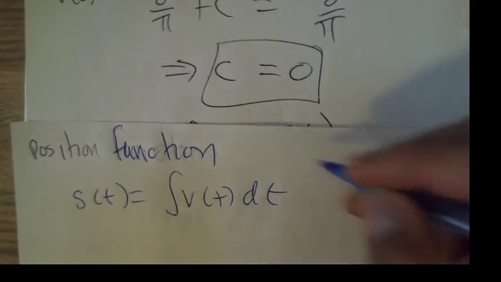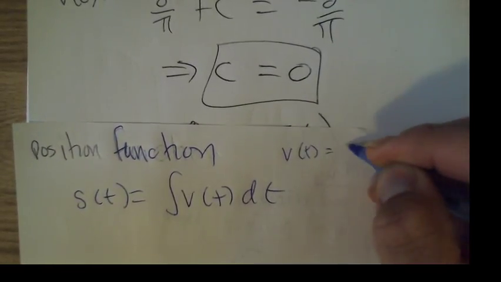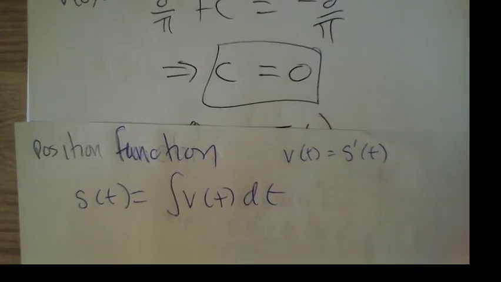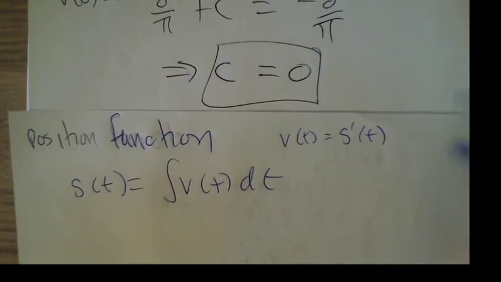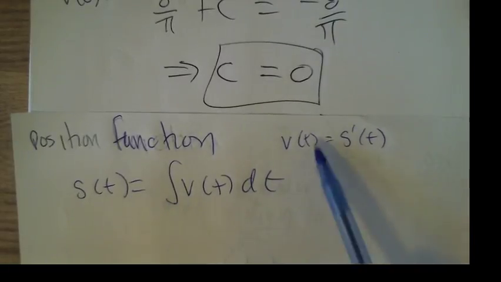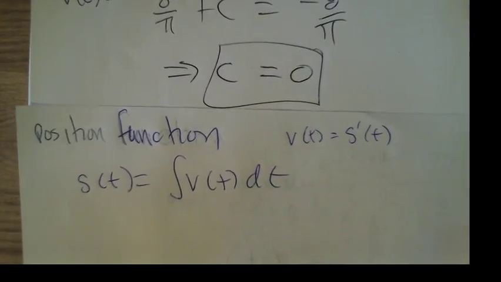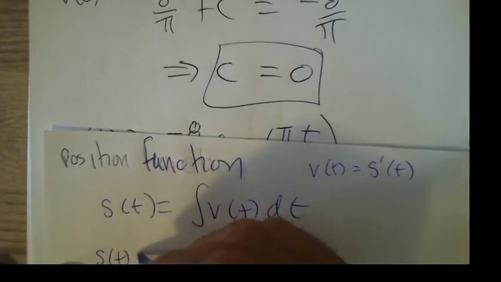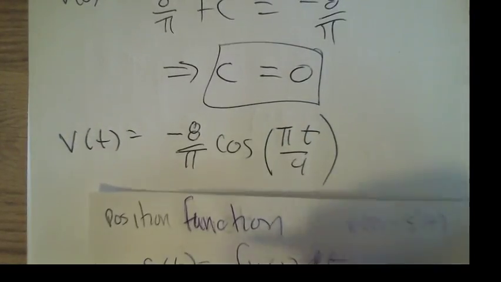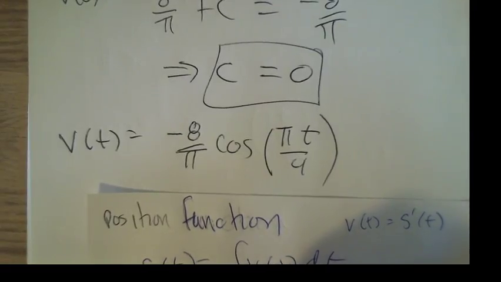If we have v of t equal to s prime of t, taking an antiderivative gives me s of t equal to the antiderivative of v of t. So to get to my s of t, I'll bring the constant out on the outside.